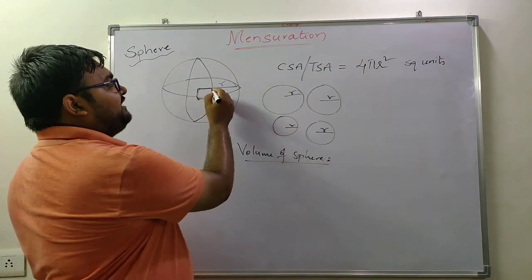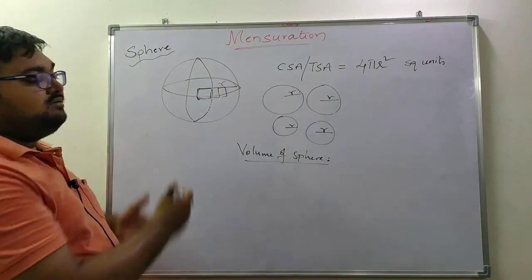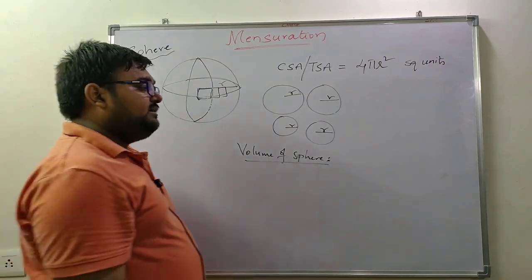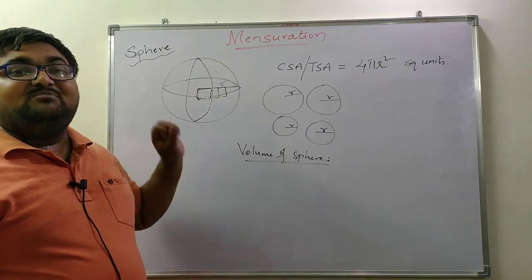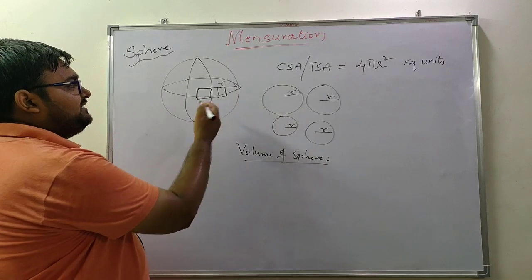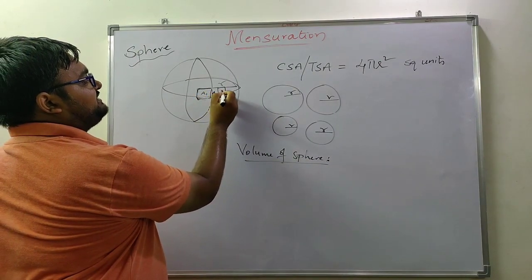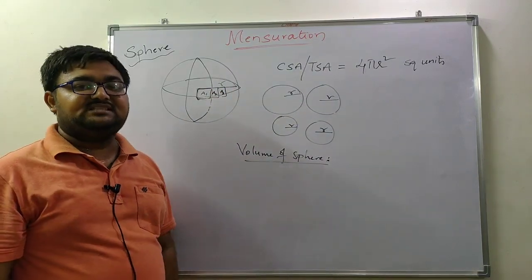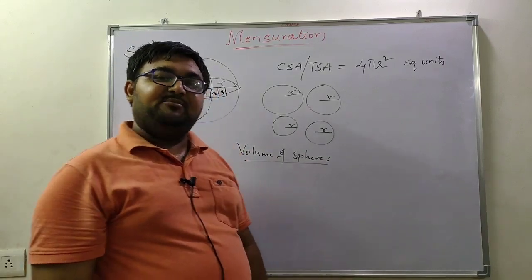Likewise, I am cutting squares all over the sphere. Then I am going to have n number of pyramids which have their concerned bases. Let us consider the base area of each square is A1, A2, A3 and so on. How many pieces have I cut? I have cut n pieces. That means I have n pyramids here.